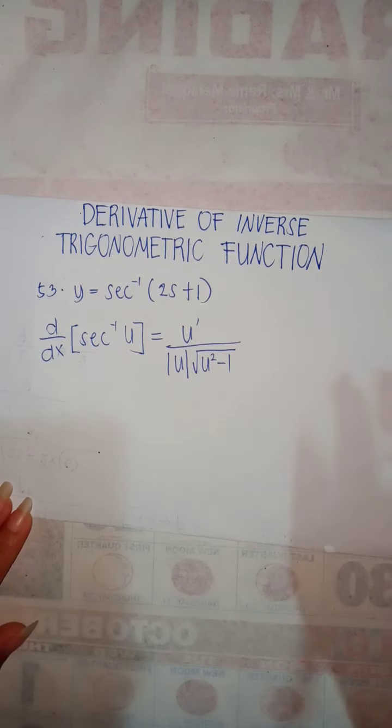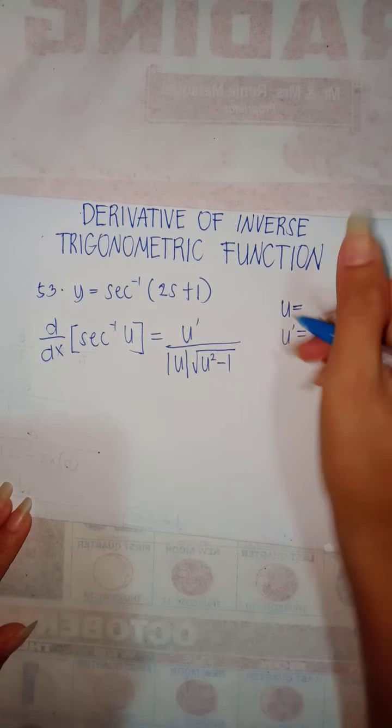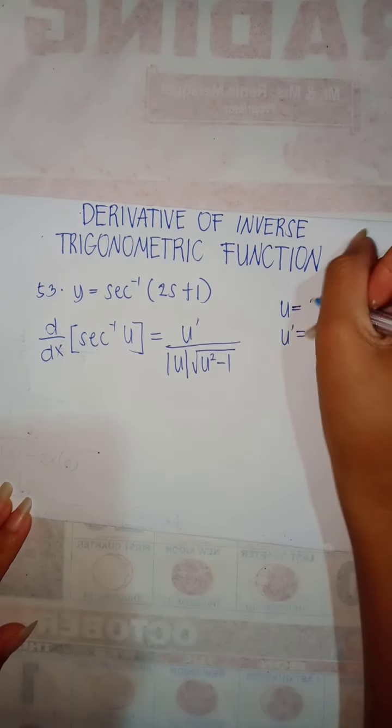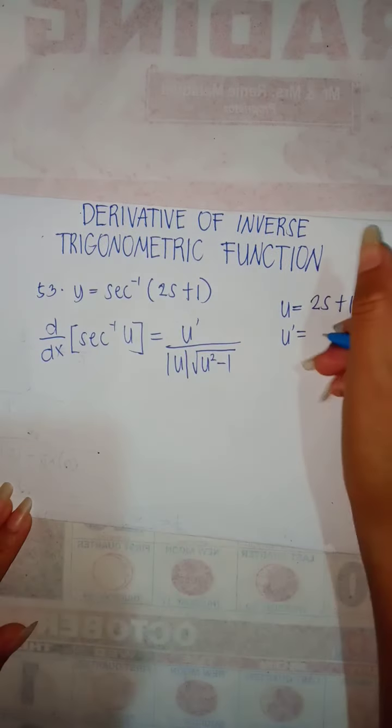Let's find the u and the u prime. Our u is simply 2s plus 1, and the derivative of this is 2.